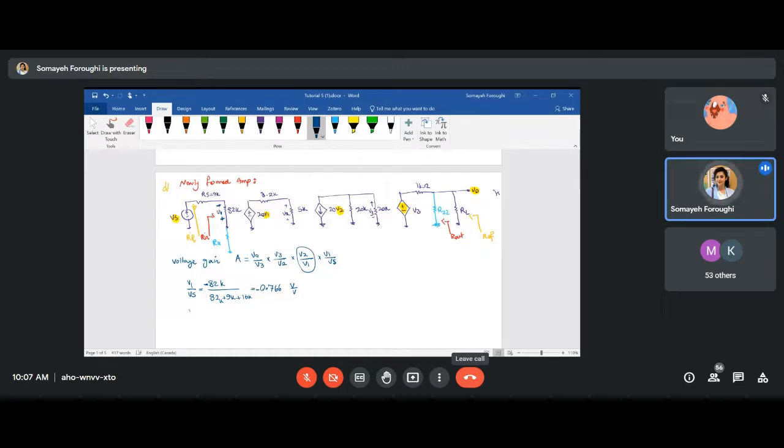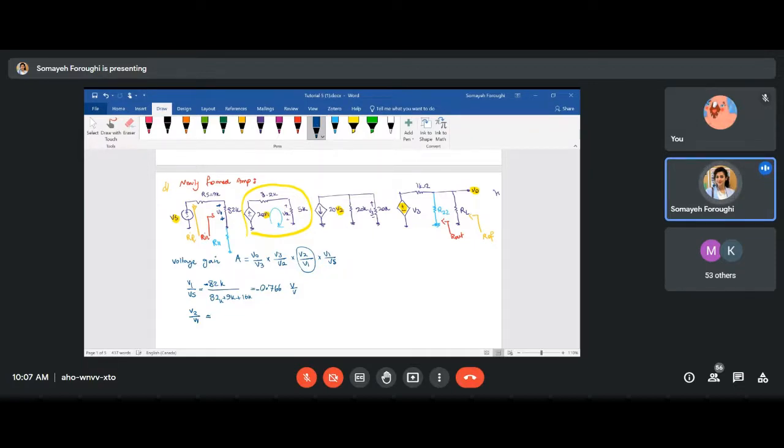For finding V2 over V1, I have to work here, right? So what is V2? V2 is the voltage over that 5K, and we have another voltage source of 20 V1 over there. So you are writing a KVL in this loop. That's pretty easy, and I'm not going to write down the KVL, I'm just going to tell you how to do the voltage division.